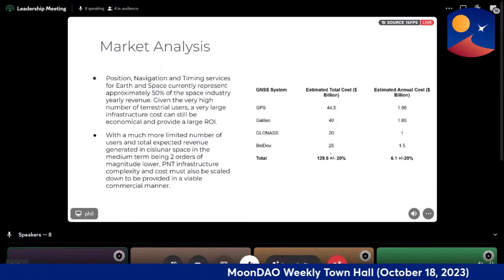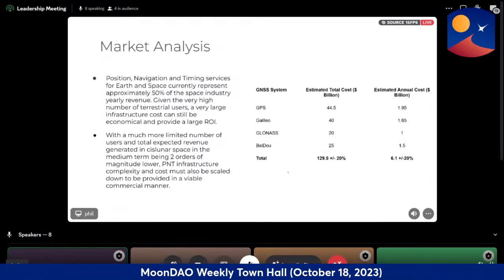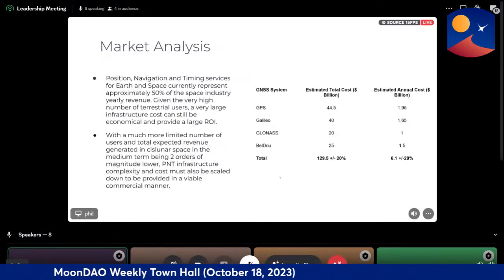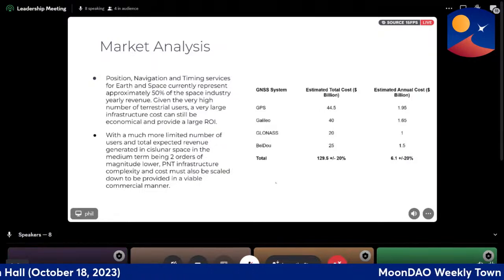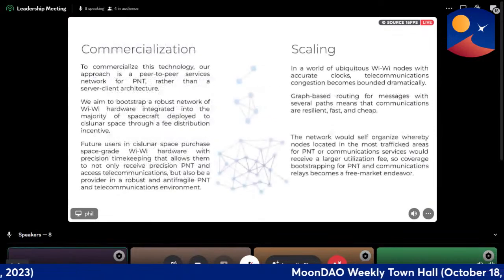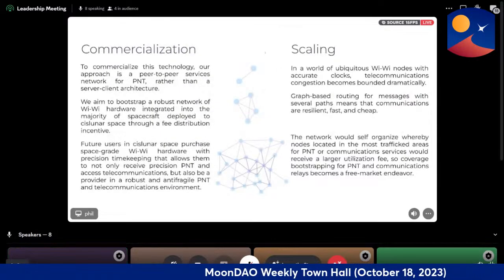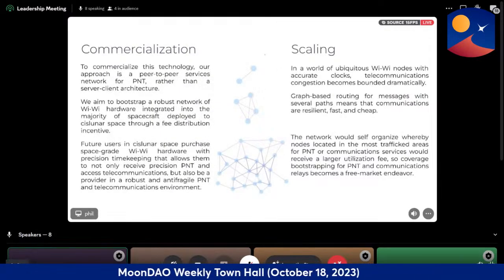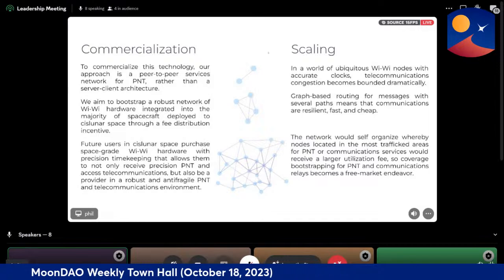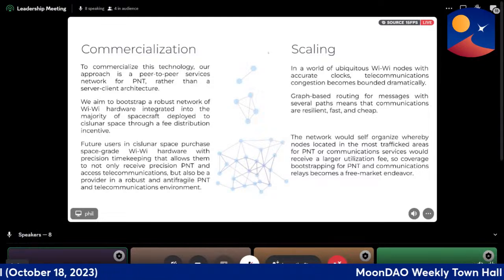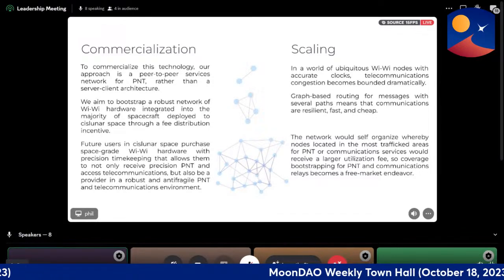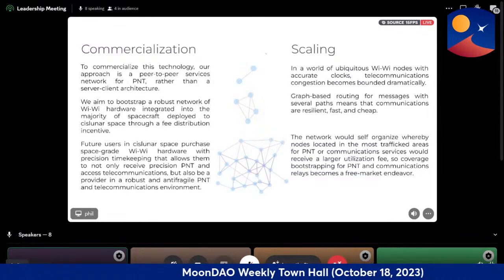Market analysis: there's lots of money to be made here if that's what you're into, which is what DARPA was into. But even being open, public, open source and decentralized, there's still a lot of opportunity for individual actors to set up their own infrastructures.